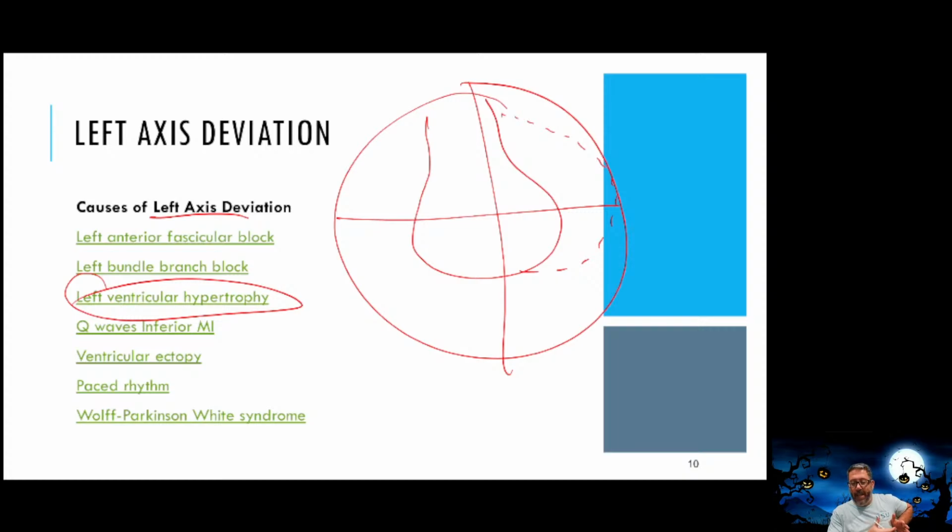So you will get a left axis deviation with LVH. With right ventricular hypertrophy, it shifts to the right, and the right picks up a lot more. I will double check the exam to make sure that won't be a confusion. Right axis deviation, the heart is going to shift to the right.